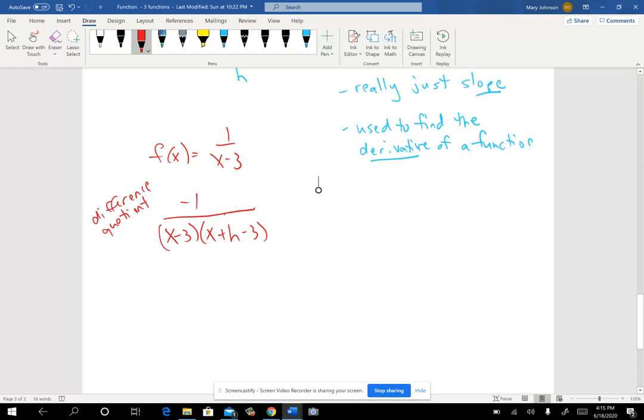What happens in calculus? In calculus, we add this notation out in front of that. We find the limit as h approaches 0 of this expression you just did.